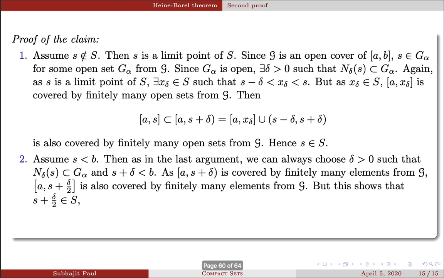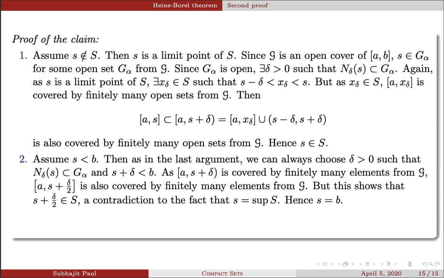But this shows that S plus delta by 2 belongs to S, because these right endpoints are only elements of S. So S plus delta by 2 belongs to S. Now, do you see a contradiction? This is a contradiction to the fact that small s is the supremum of S, right?